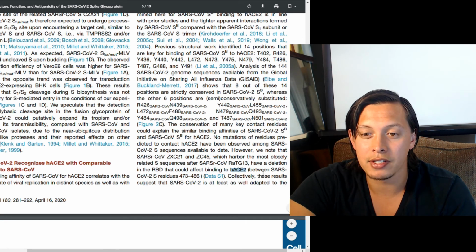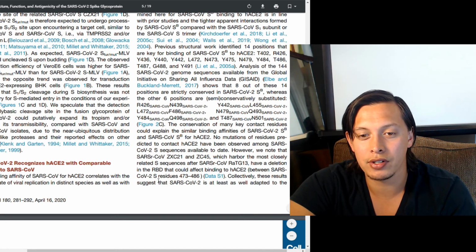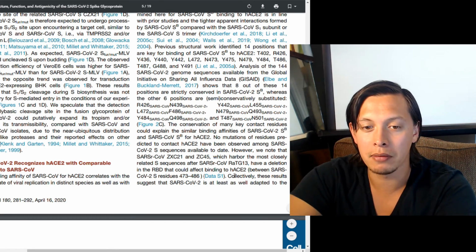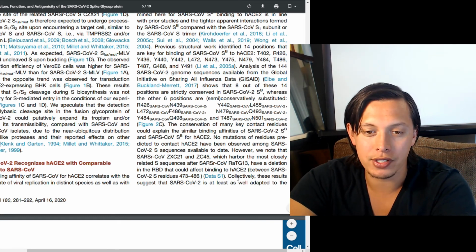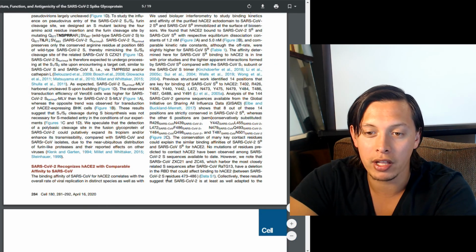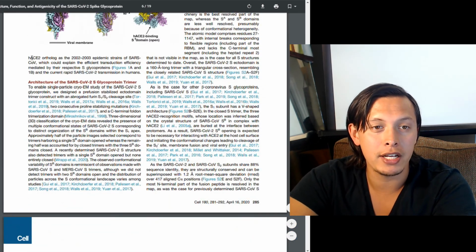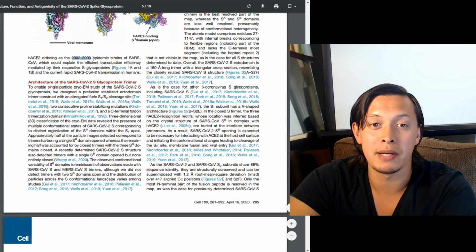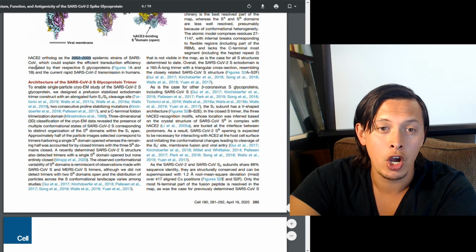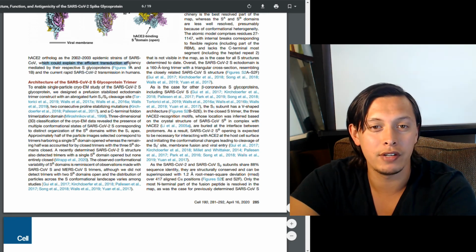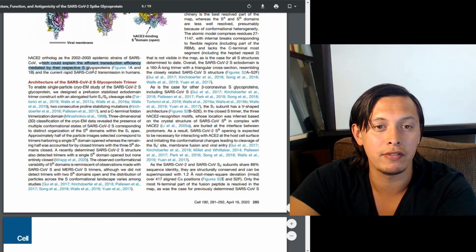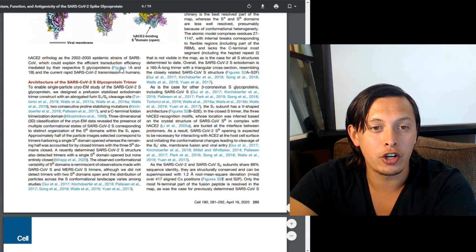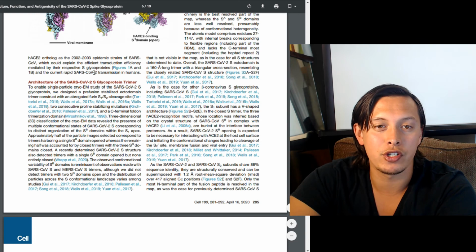This is between the SARS-CoV-2 S residues 473 and 486. Collectively, these results suggest that SARS-CoV-2 is at least as well adapted to the human ACE2 ortholog as the 2002-2003 epidemic strains of SARS coronavirus, which could explain the efficient transduction mediated by the respective S glycoproteins and the current rapid SARS coronavirus 2 transmission in humans.